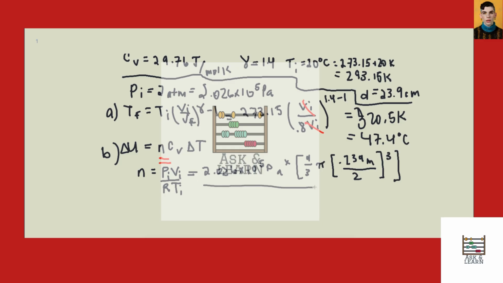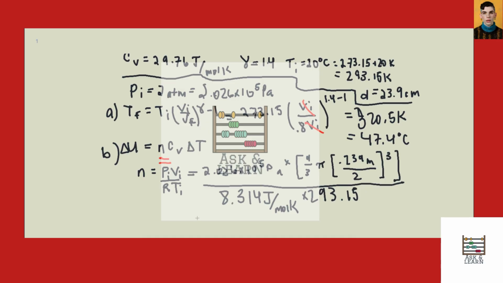Great. And then now this whole thing is over R times T initial. And R is equal to 8.314 joules per mole Kelvin. And the initial temperature, like we said, was 293.15.